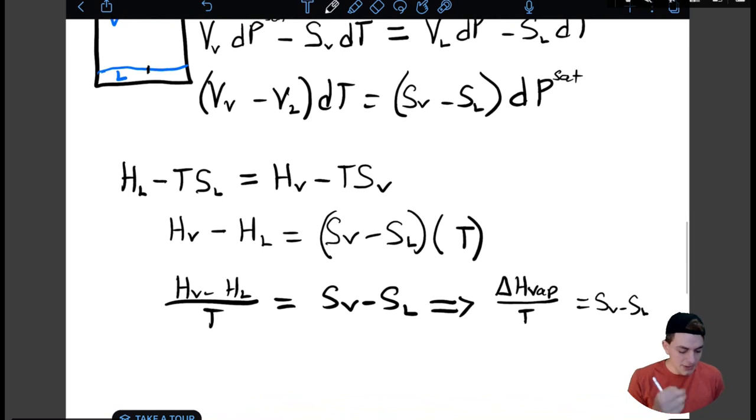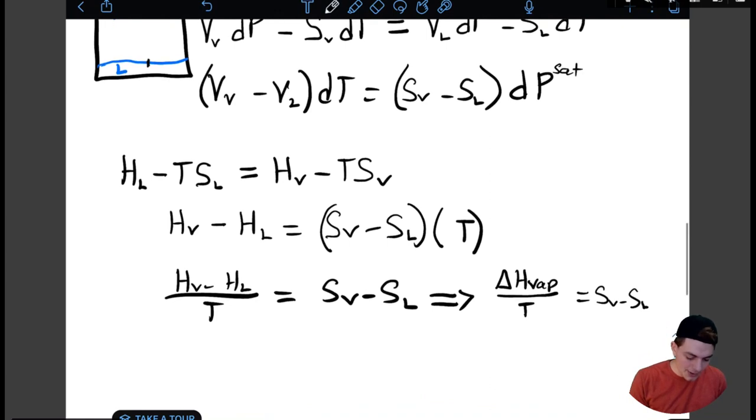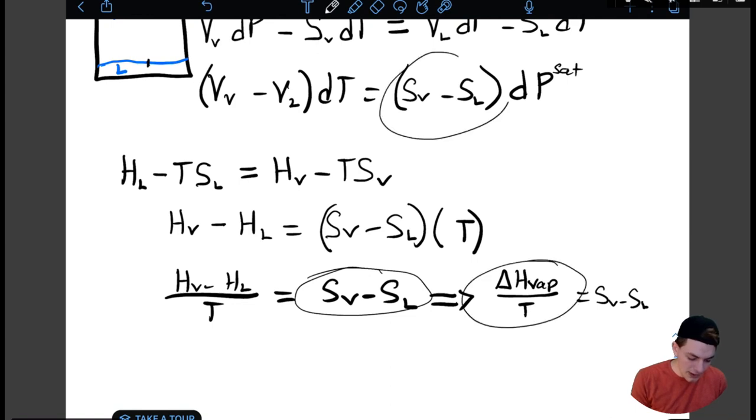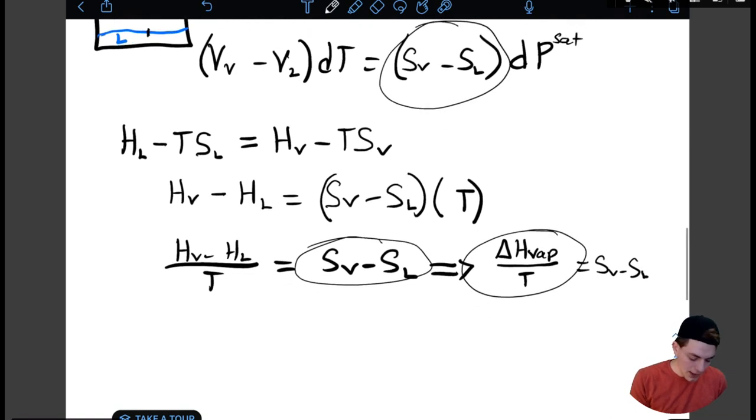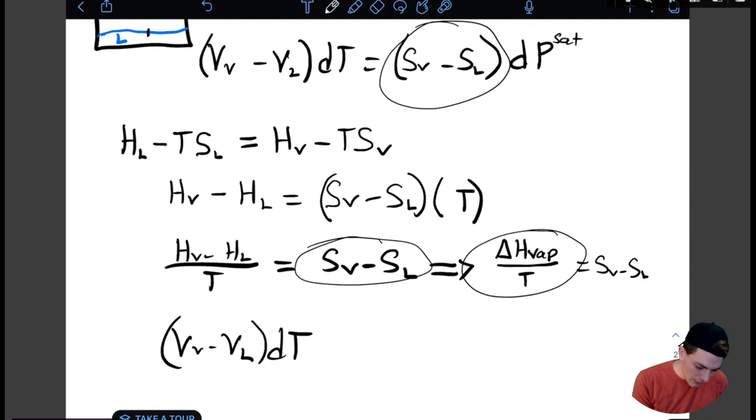So then we can substitute that back into our original expression there. We can substitute this in for this and obtain this expression.